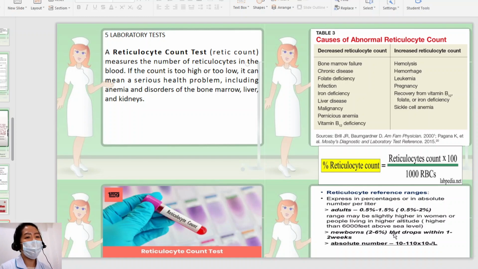Range may be slightly higher in women or people living in higher altitude, higher than 6,000 feet above sea level. Newborns 2 to 6%, but drops within 1 to 2 weeks. Absolute number 10 to 110 times 10 raised to the power of 9 per liter.